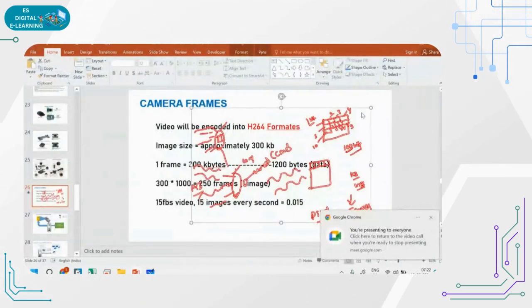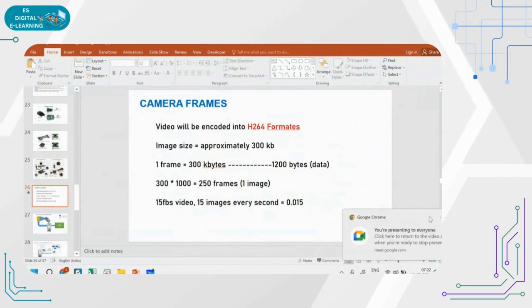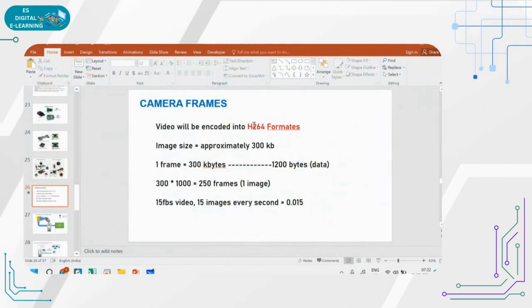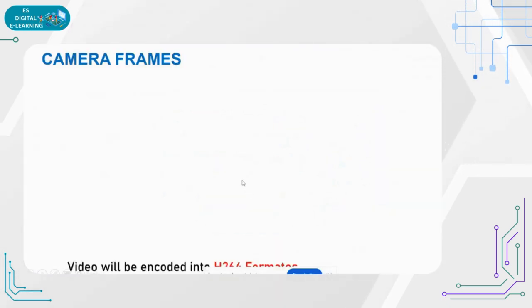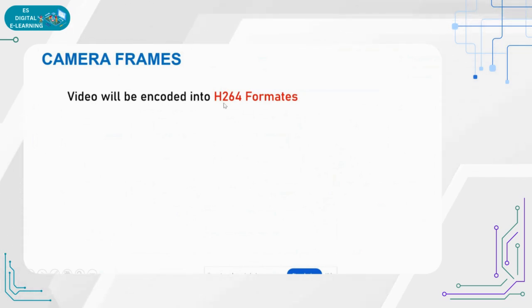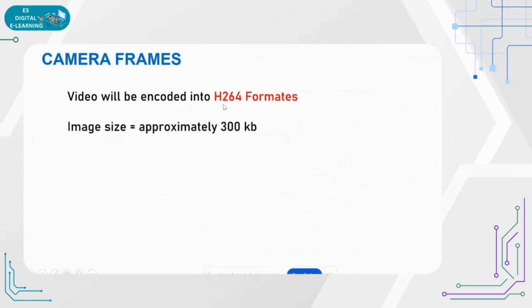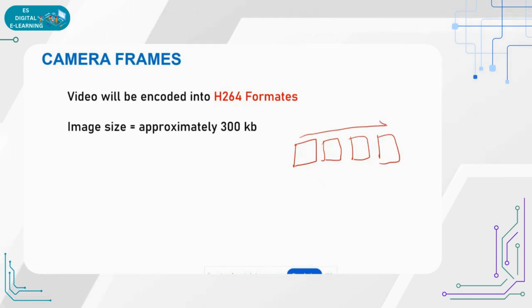So next is how this video, whatever analog input data we are converting, will be encoded to a format. Into the frames, and each image. How do you get the video? Any video will be captured in the form of images. Whenever you play, these images will be played as video.